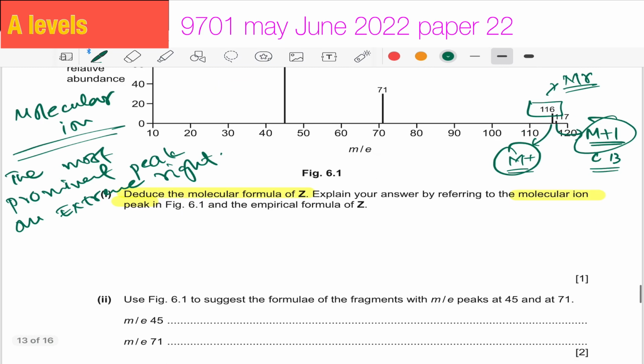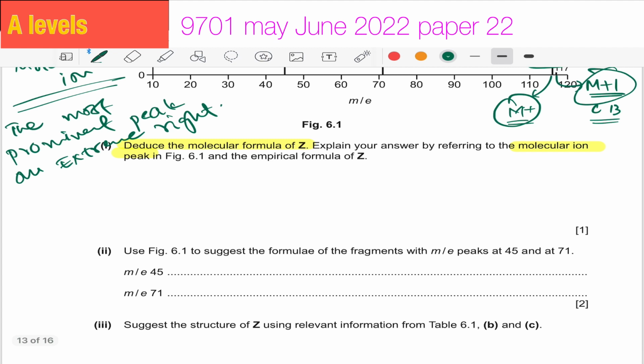Now we have the molecular mass of Z, and next we have to find the ratio between the molecular mass and the empirical mass. We already calculated the empirical formula in the last part. We do this to find how many times the molecular mass is of the empirical mass.